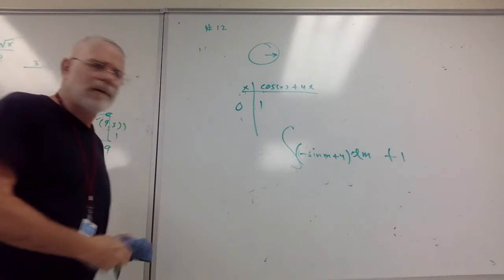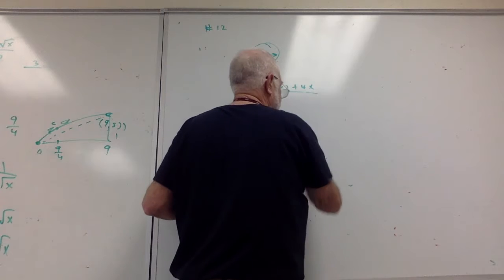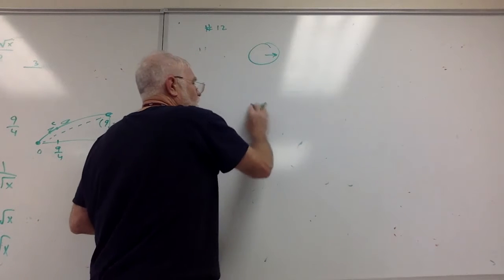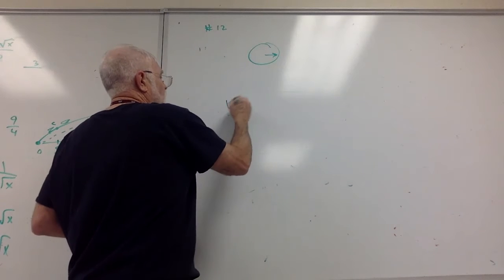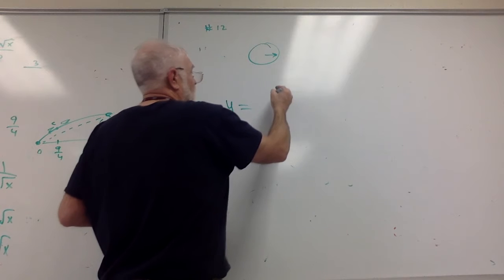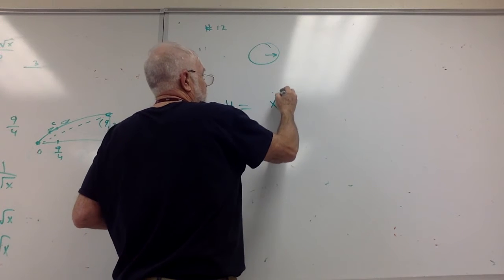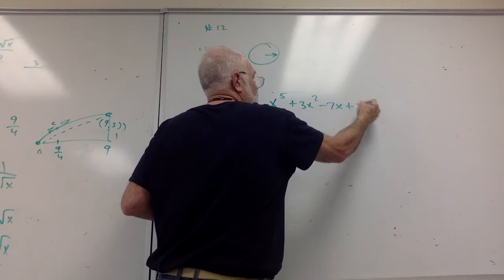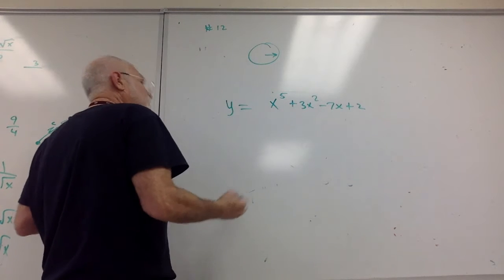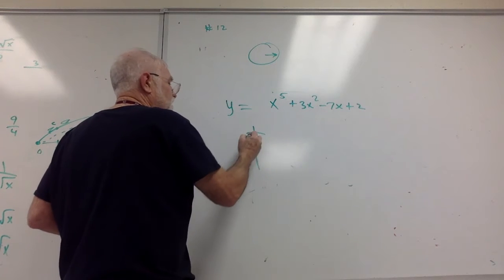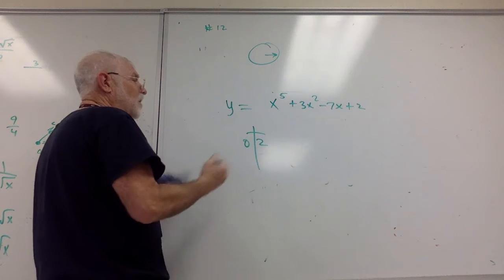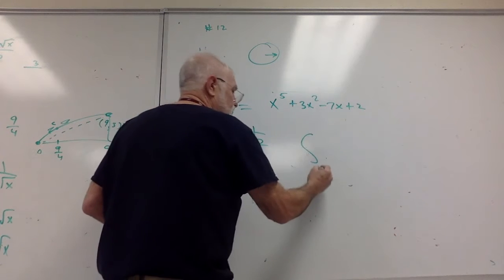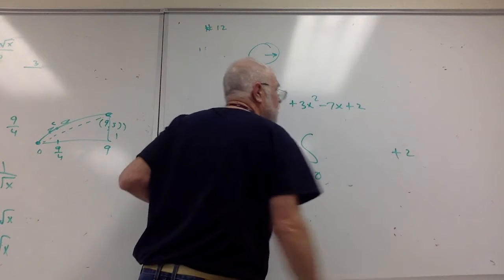Let's do one more. Another way to write y equals, why don't we do x to the 5 plus 3x squared minus 7x plus 2. Yes, I think I would start taking 0, 2 immediately, so I wouldn't have to do any work. 0, 2, a polynomial.